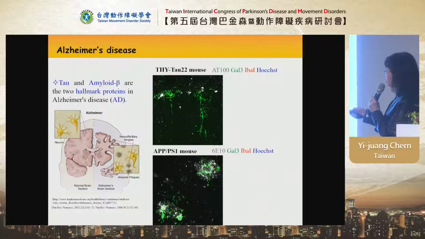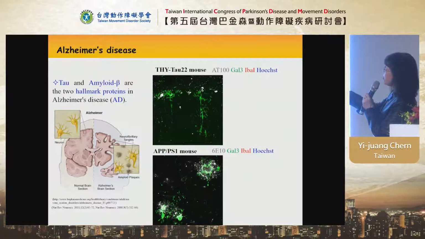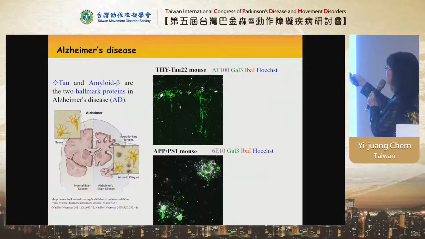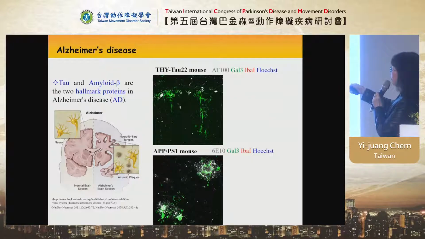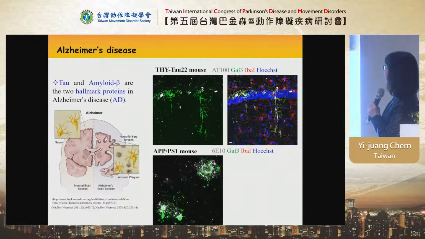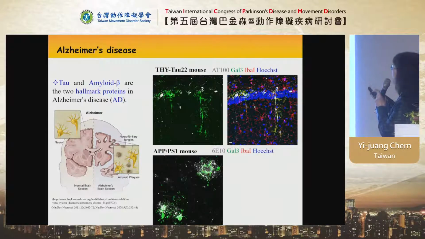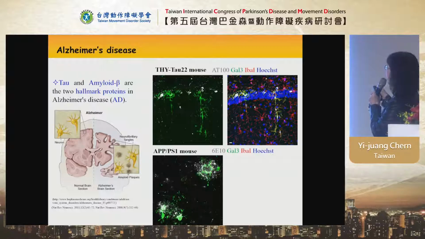Now, if you look at the green signal, which is galectin-3, for example here, this is a tau animal model, and the gray signal is tau hyperphosphorylation, and the galectin-3 positive cells are here. So they are not neurons. So what are they? They co-localize with the Iba1 signal, indicating they are microglia.